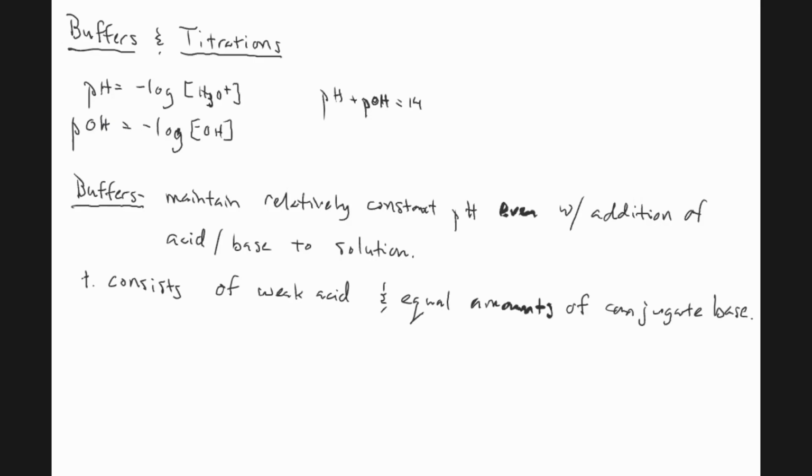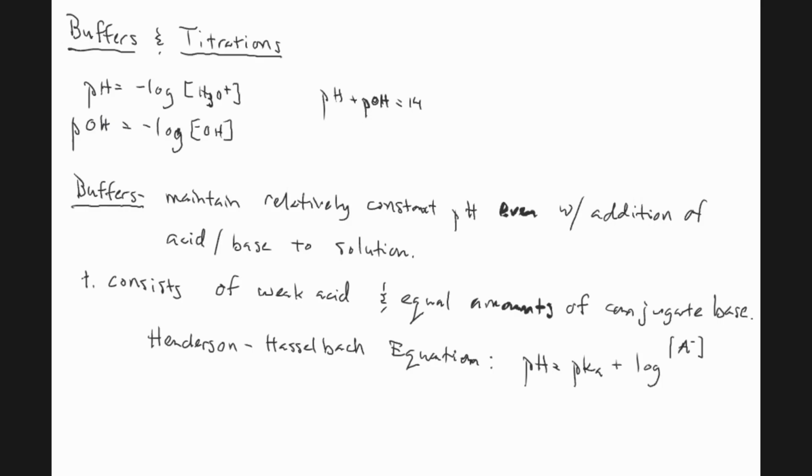The equation that governs buffer titrations is called the Henderson-Hasselbalch equation, where it states that pH is equal to pKa plus the log of conjugate base all over acid.